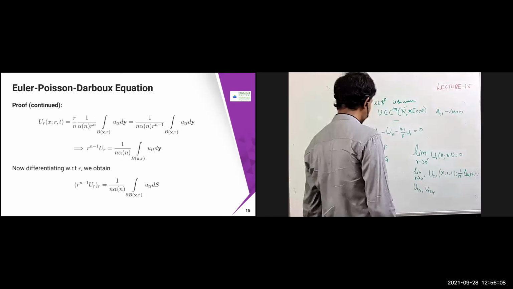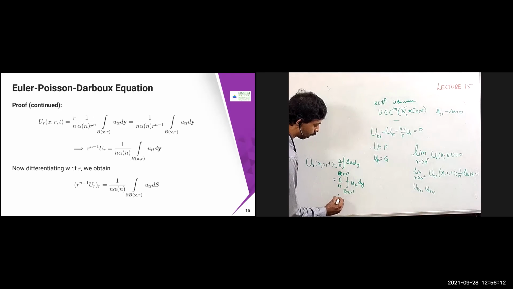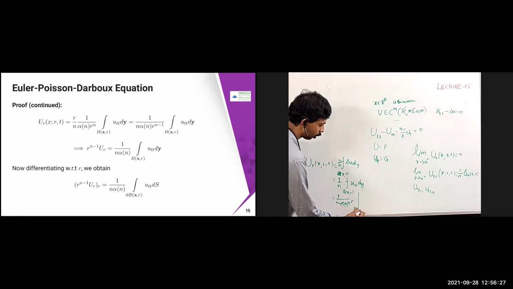Therefore, I'm just rewriting this without the average. So that is going to become r by n into alpha of n, because I'm just taking out the average, times r to the power n, integral over B(x, r) of u_tt dy. I'm just removing that bar.